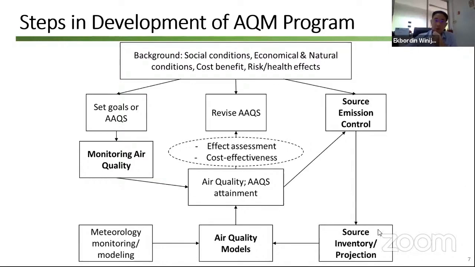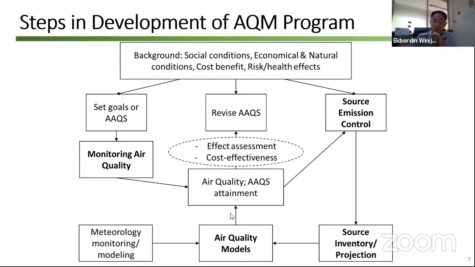The emission inventory will tell you how many sources are available in the area, and how much emission comes from each source. And then you put this emission inventory into the air quality models, with the information of meteorological condition put into the model, and the model will give you the concentration.